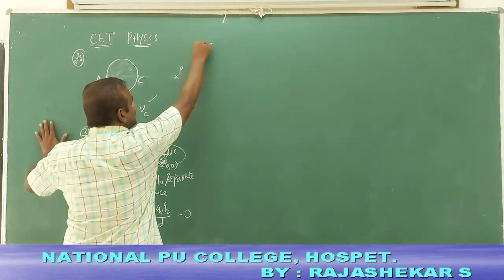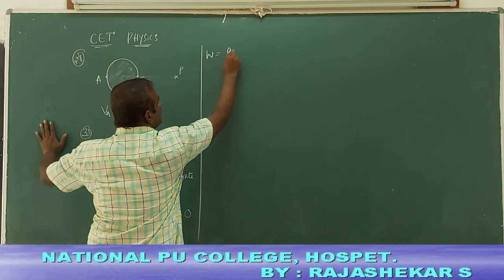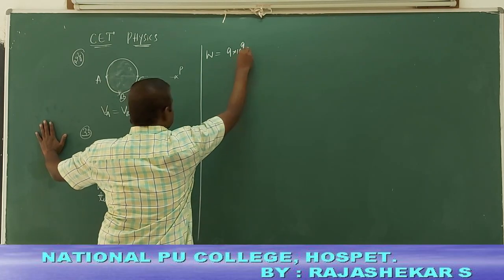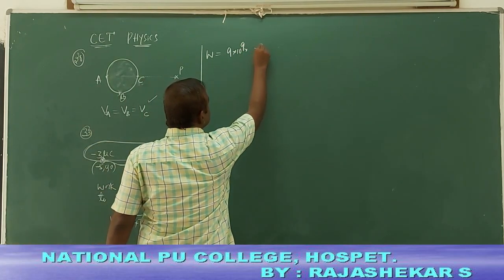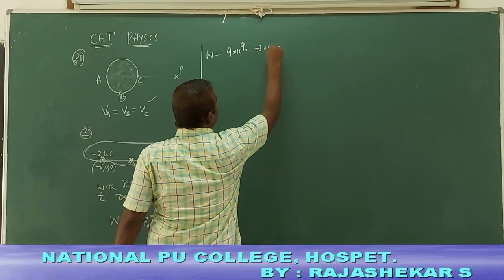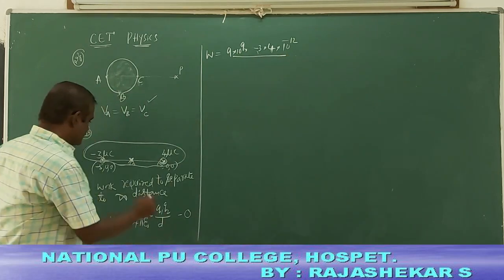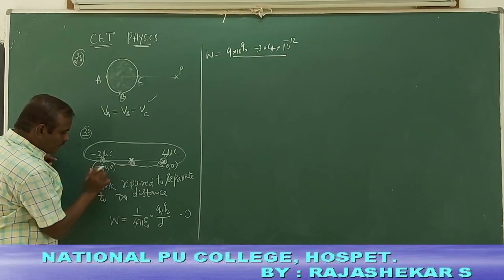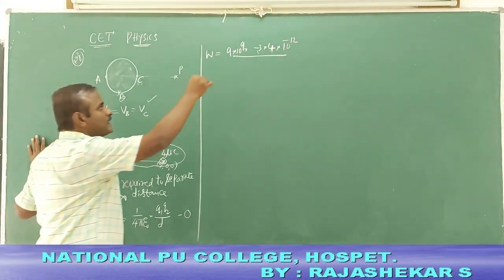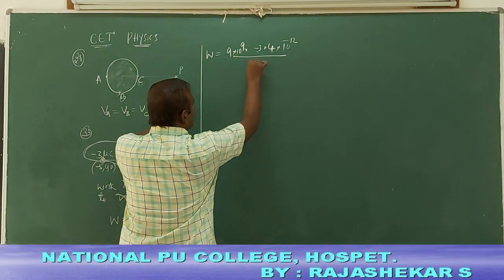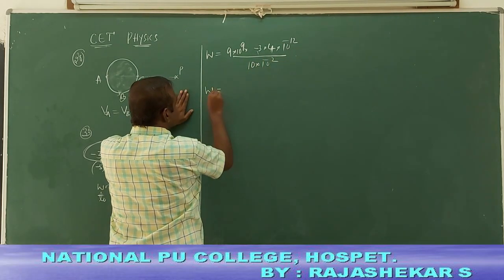Therefore, you will find work done is equal to 9 into 10 to the power 9, Q1 Q2, minus 3 and 4 microcoulomb, 10 to the power minus 12. Look at the distance. This is origin. 5 centimeter here, 5 centimeter there, total distance will be 10 centimeter between them. So it is 10 into 10 to the power minus 2.